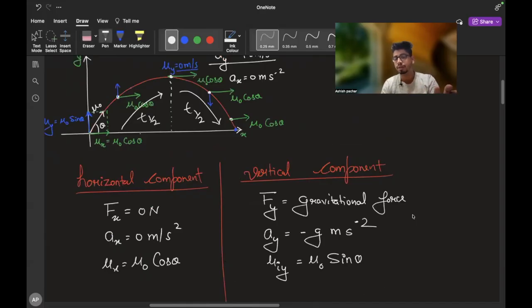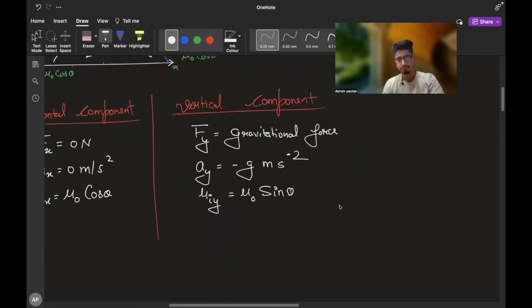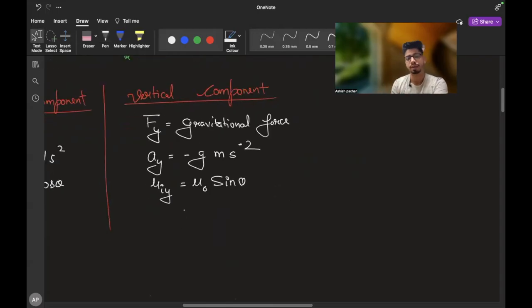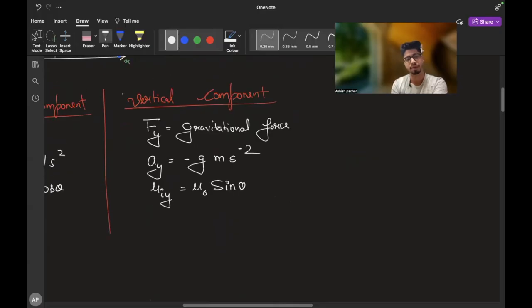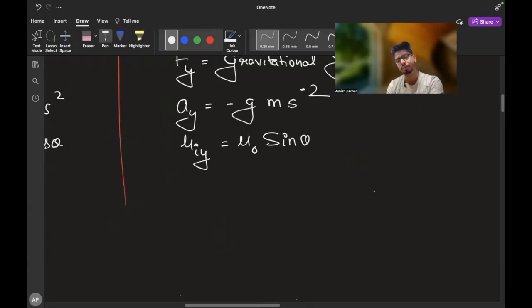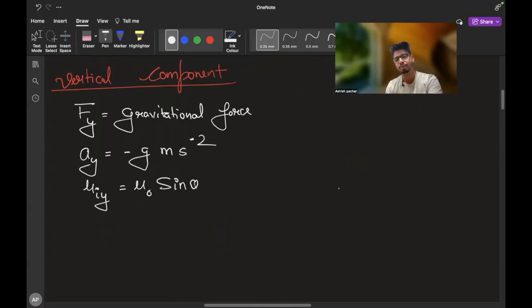Now we have the equations of motion. You must be aware of that. We have the equation of motion to find the final velocity. I'm writing the final velocity with v and the initial with u.